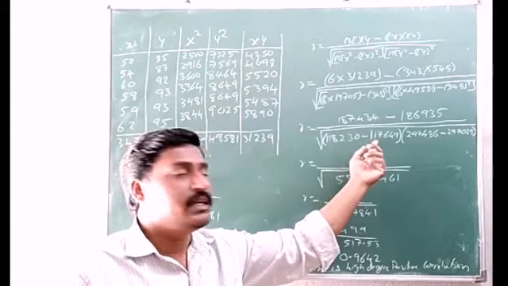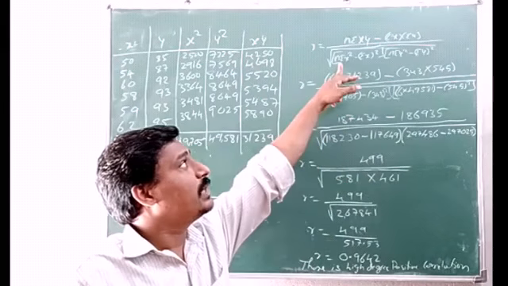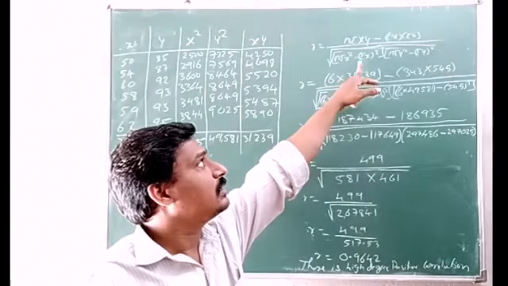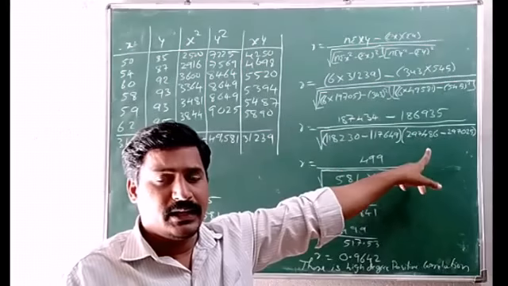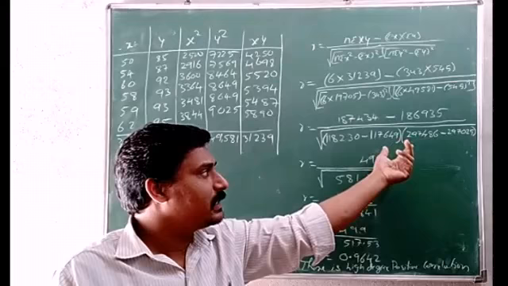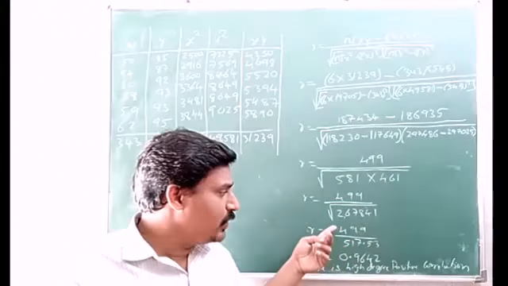So here only we get always positive difference. n into summation x square will be greater than summation x whole square. So if we get a positive figure here and here, then multiplication, product and root, we get a positive figure which will be greater than numerator.